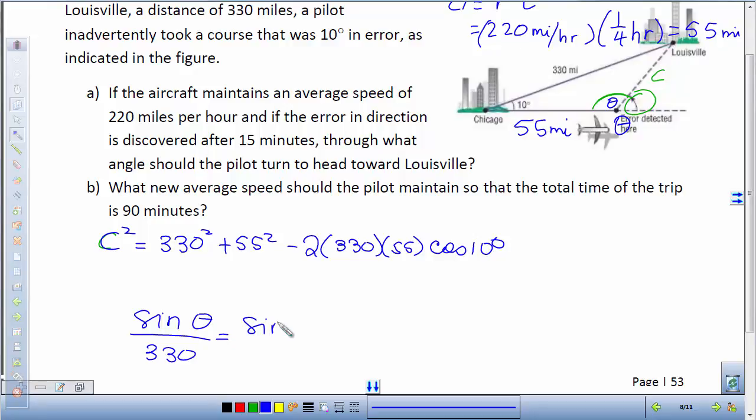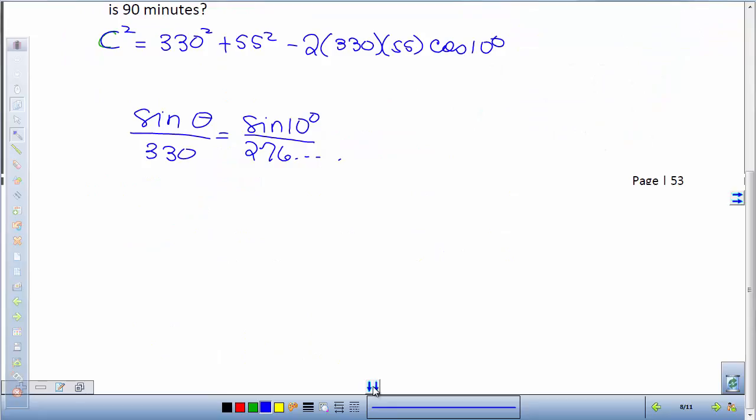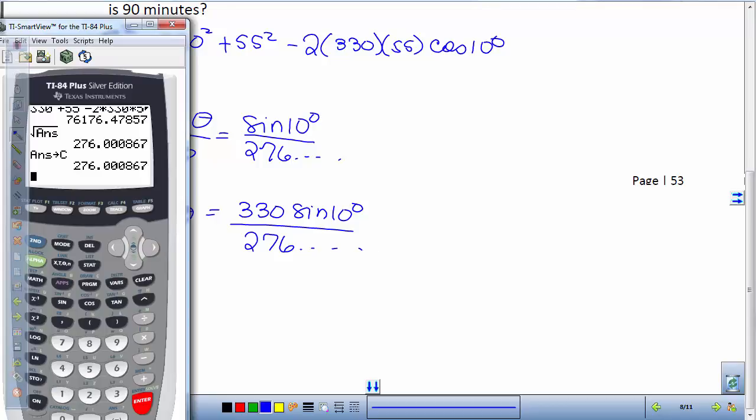Sine 10 over 276. So sine theta equals 330 times sine 10 degrees divided by the 276 number that we just found. So 330 times sine of 10 degrees divided by second answer.